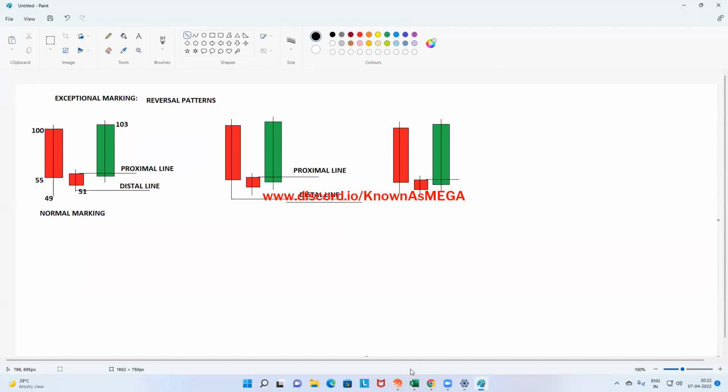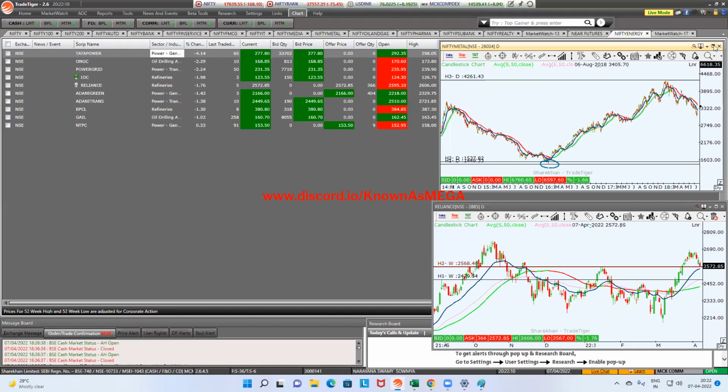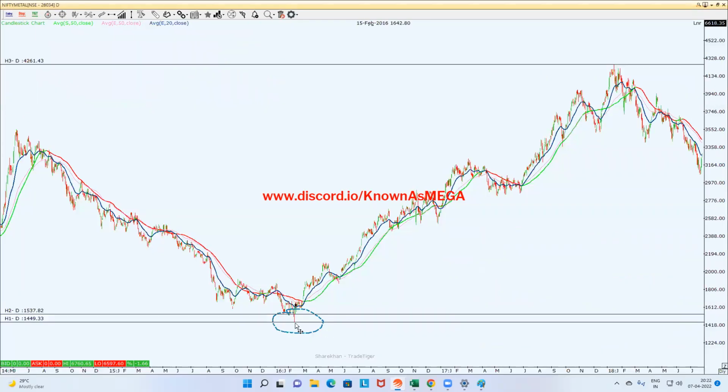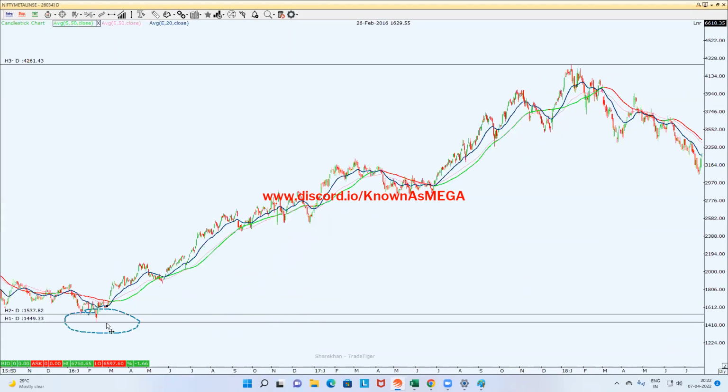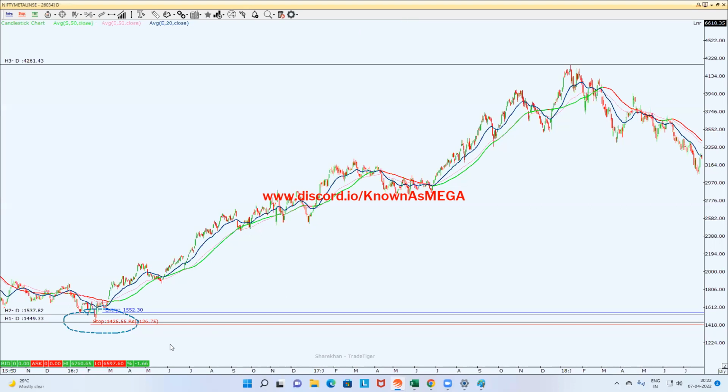See here, the distal line is here, right? Ideally your stop loss would be somewhere here. So let me keep the entry here and the stop loss here.